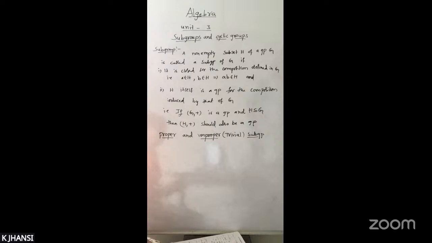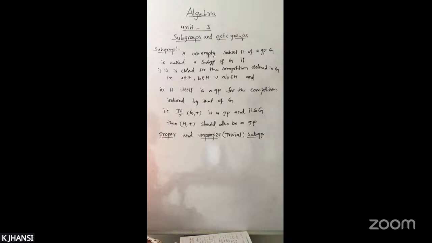Whenever the set G has order greater than 1, meaning it has more than one element, at least 2 subgroups will be there. One will be G, the set itself, and another one is the identity element. Whenever a group has the subgroups G itself and the identity element, we call these the improper subgroups.